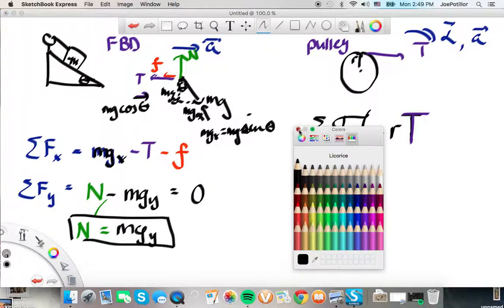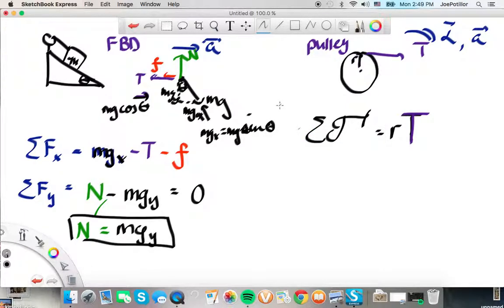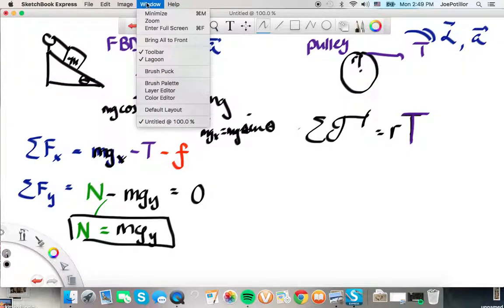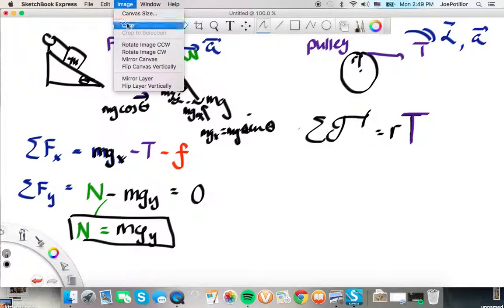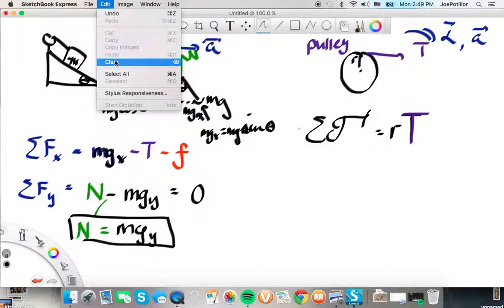So that's what we're going to plug in where we see mg x and mg y. And we'll worry about the tension force in a minute.